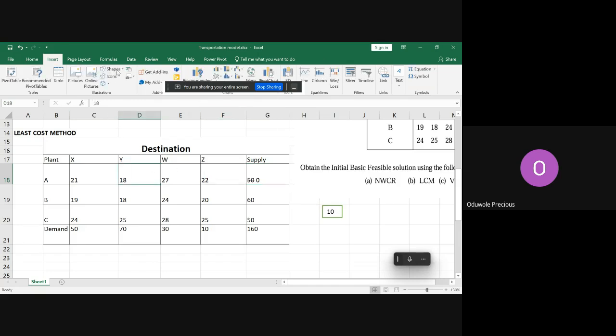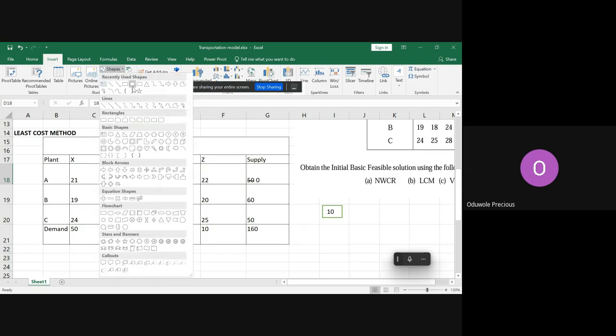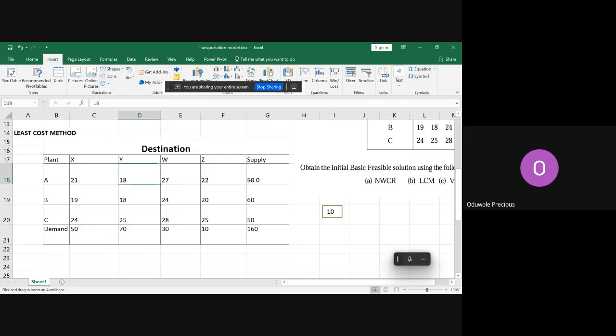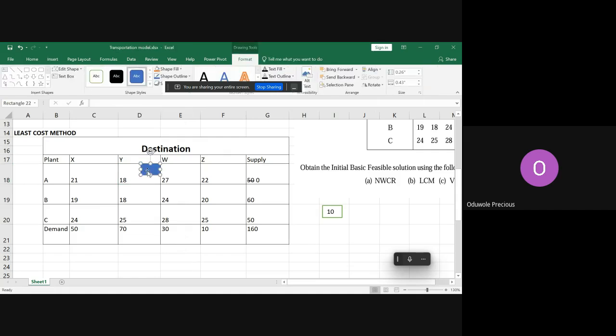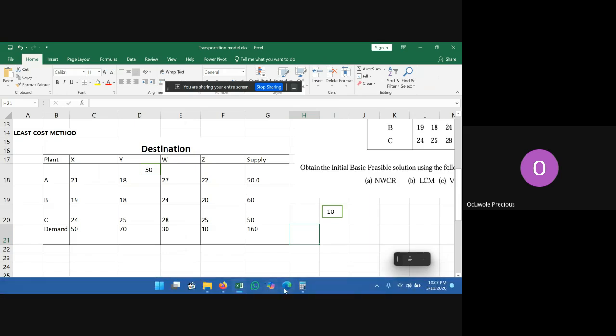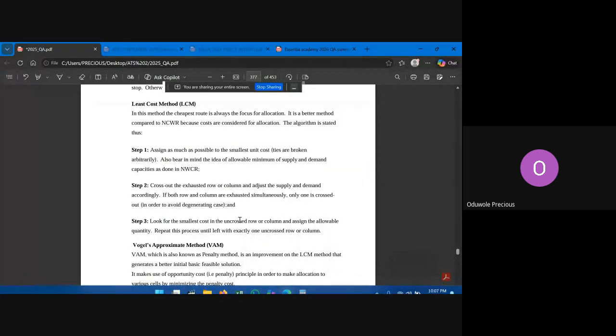Let me just create another shape. Let me say this can be done in another way in your exam. You understand? What I mean is, let me show you something very quick. I'll see the way they did their own.